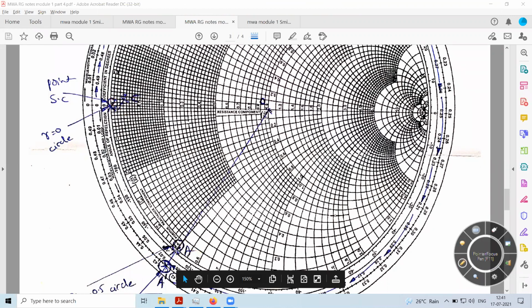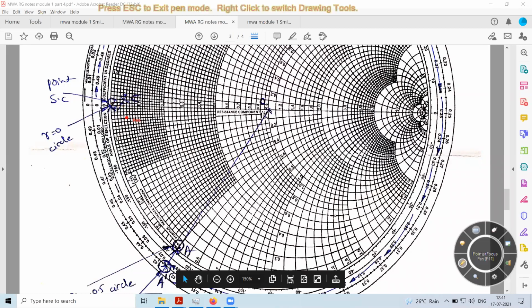This is the point specifying the generator point, that is the input point. Now you know that the load is short circuited, and we need to identify the length associated with the stub.